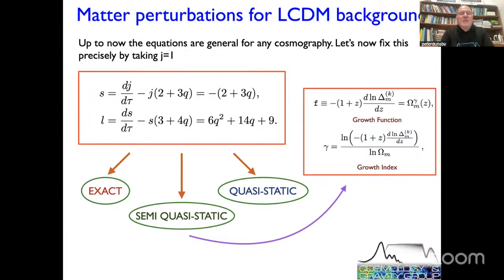We can now set J equal to 1 for a spatially flat background, and then reduce the set of equations down to something where the background is described by lambda CDM, and we look now at the growth of matter perturbations on that background. And what we're particularly interested in computing is the growth function f and also the growth index gamma. So those are the measurable things that we want to compare with data.